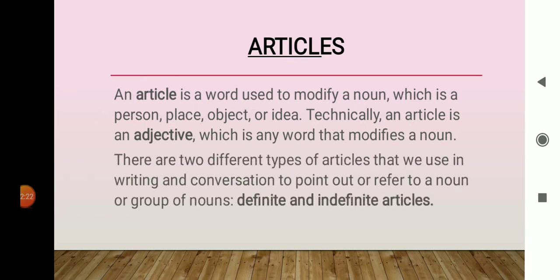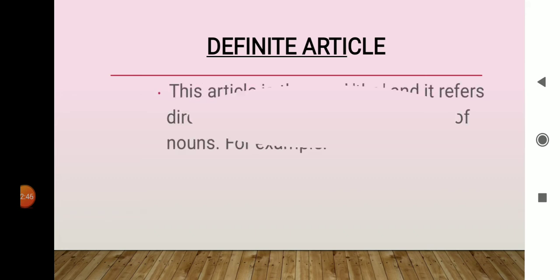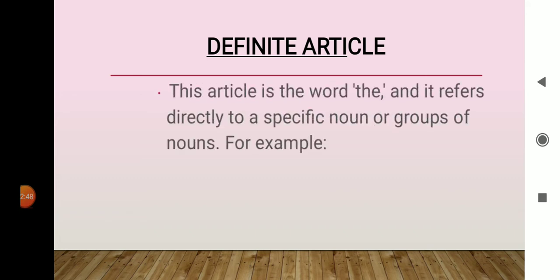There are 2 types of articles that we use in writing and conversation to point out or refer to a noun or group of nouns. First one is definite article and second one is indefinite article. First, we will see definite article. This article is the word the, and it refers directly to a specific noun or groups of nouns.